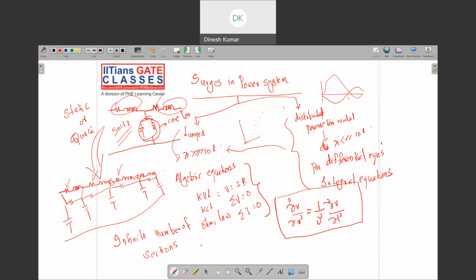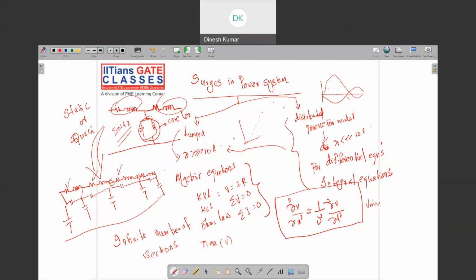In the lump parameter model, the voltage is not exactly a function of time. That is always fixed. This voltage is fixed. Here the voltage varies with respect to time. So these are the basic differences between a lump parameter model and a distributed parameter model.